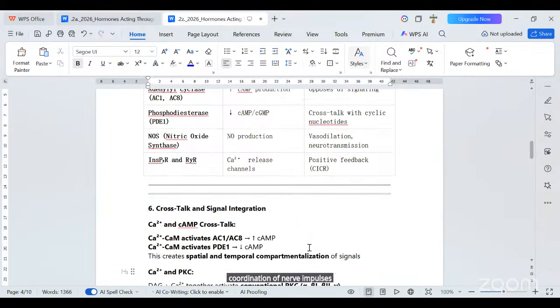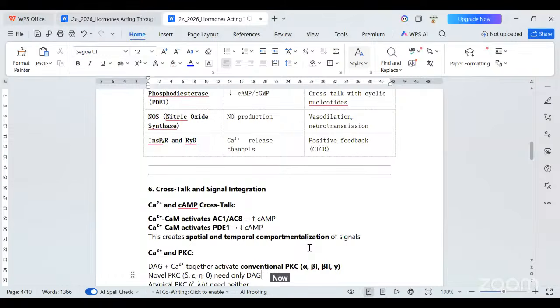Now, we want to discuss how calcium and cAMP are related or are intertwined. Now, calcium calmodulin activates AC1, AC3 and AC8.